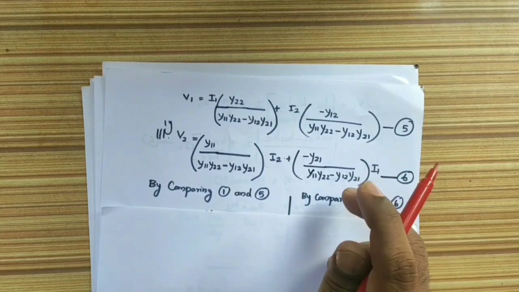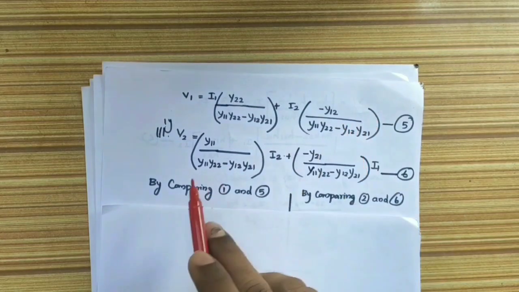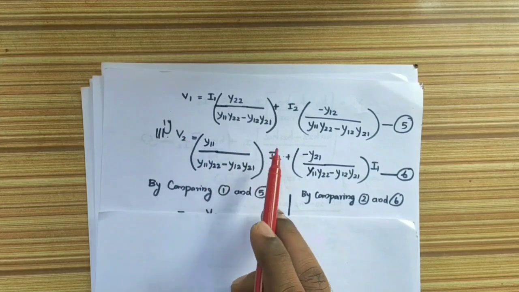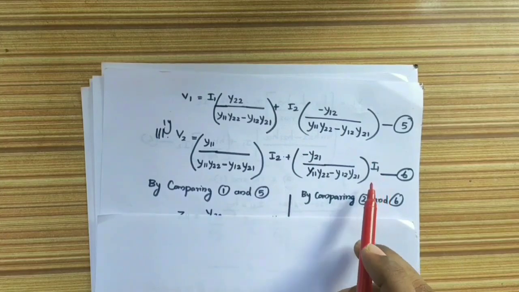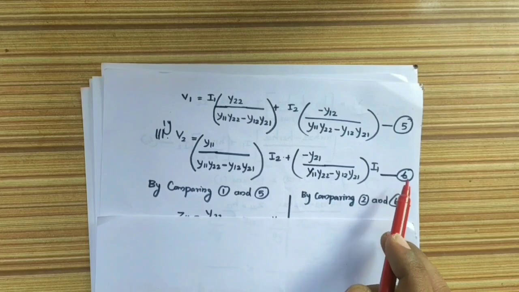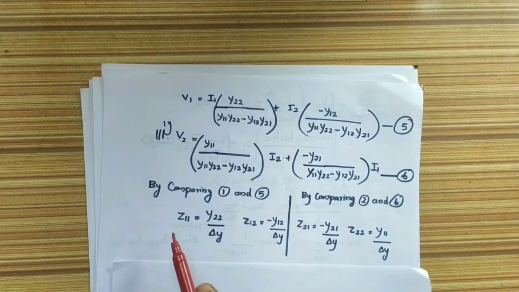If we compare these two equations with equation number 1 and 2 on the previous page, V1 equal to Z11 I1 plus Z12 I2 is compared with equation number 5, and equation number 2, V2 equal to Z21 I1 plus Z22 I2, is compared with equation number 6. So by comparing, I am writing the coefficients alone.